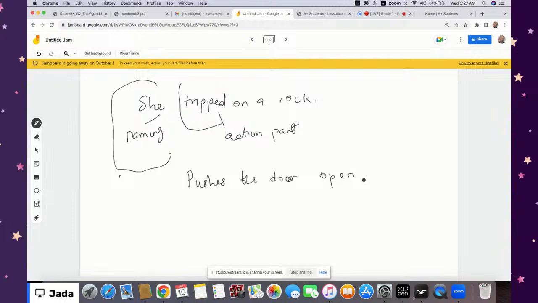This is not a complete sentence because it just says pushes. Of course, the pushes is the action part. The pushes is telling us the action going on in the sentence, but it doesn't tell us who pushes the door. So we need to have someone here.